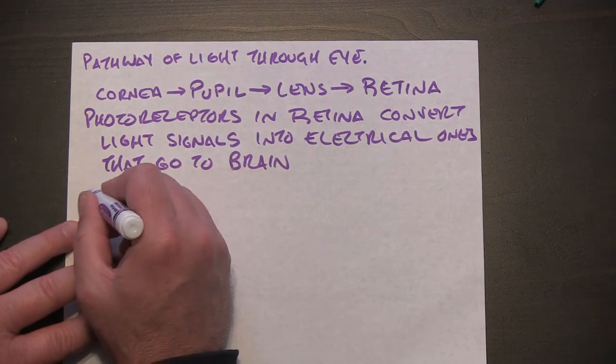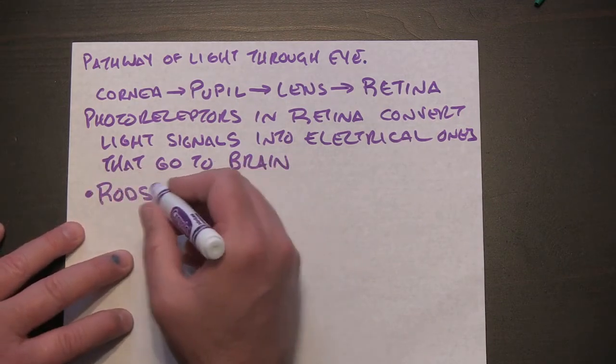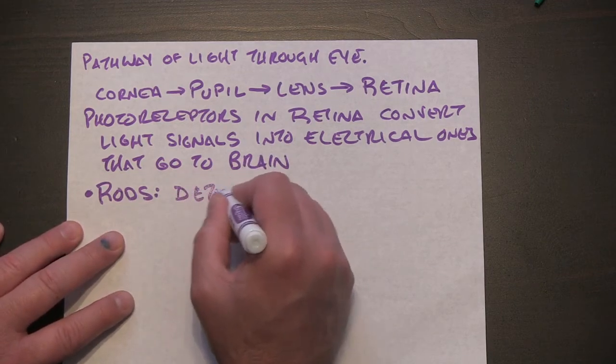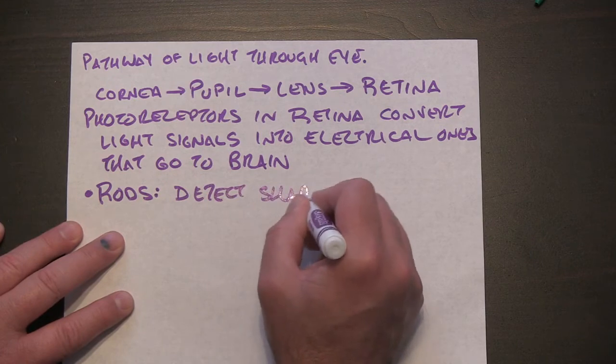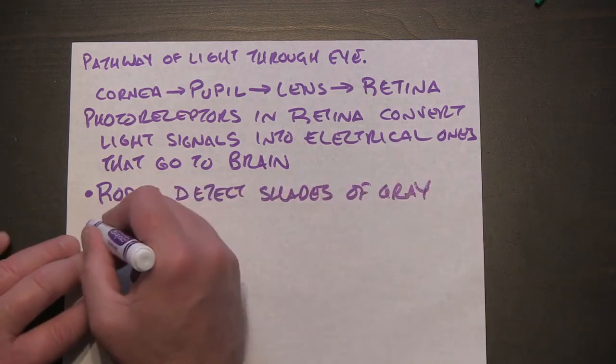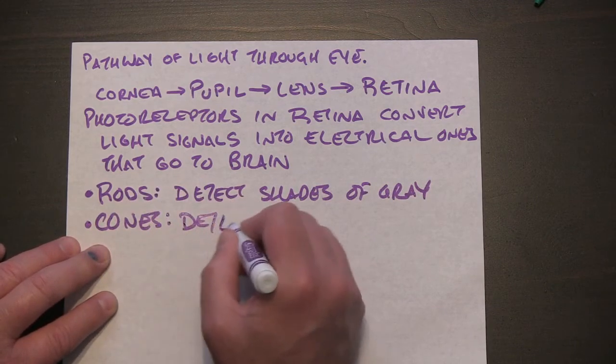You probably have heard of these. There are two types. Rods are photoreceptors that detect shades of gray. And cones detect color.